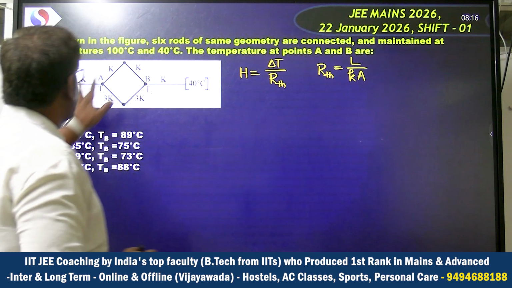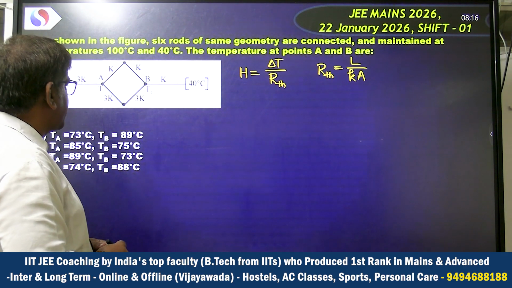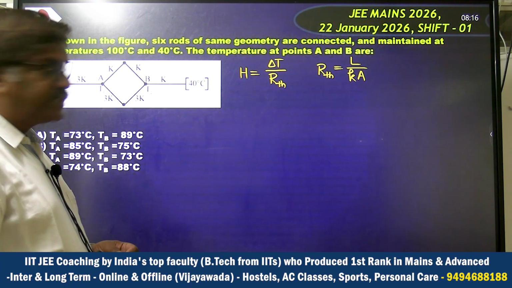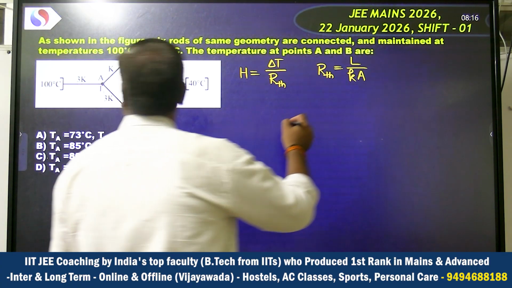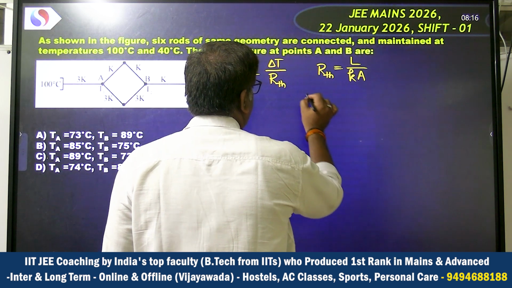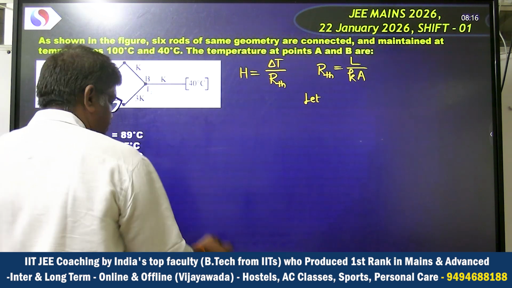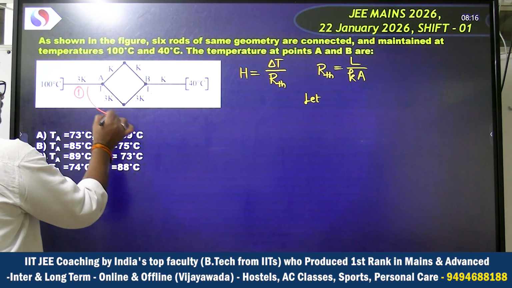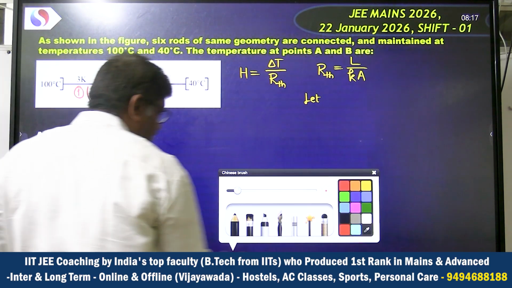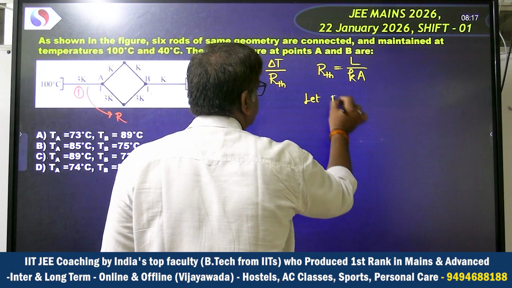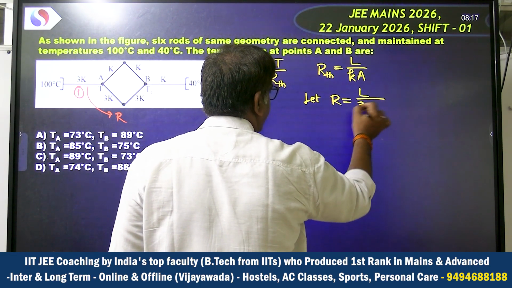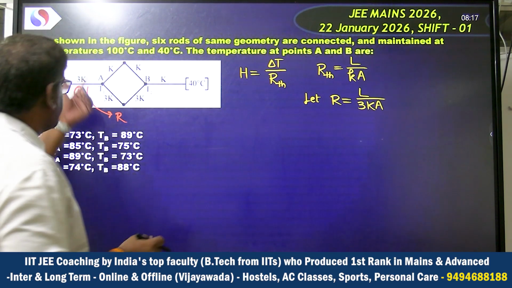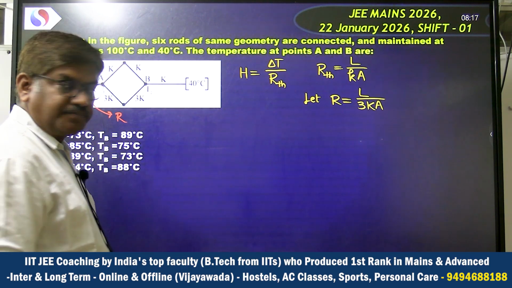Here we have some rods connected together, making a circuit. So instead of dealing with K and A, let us say L by 3KA is R. For the first rod, if I assume its resistance is R, then the value of R becomes L by 3KA, because resistance is reciprocal to K. That means K corresponds to 3R.